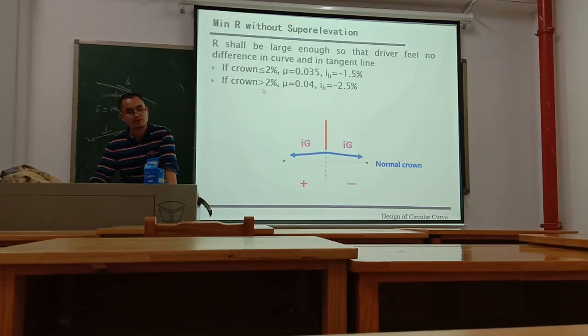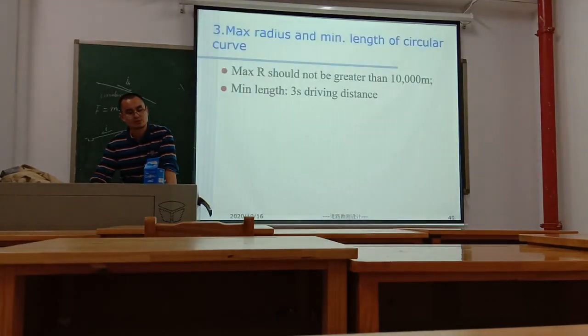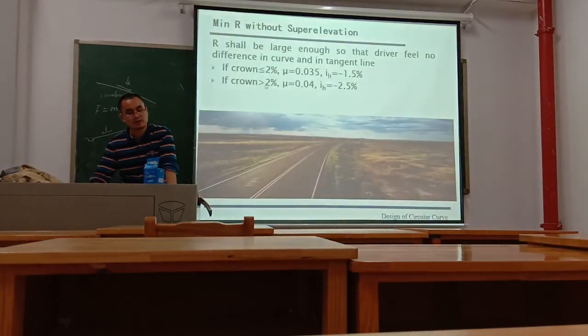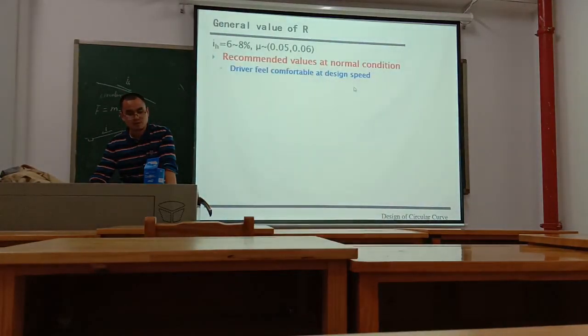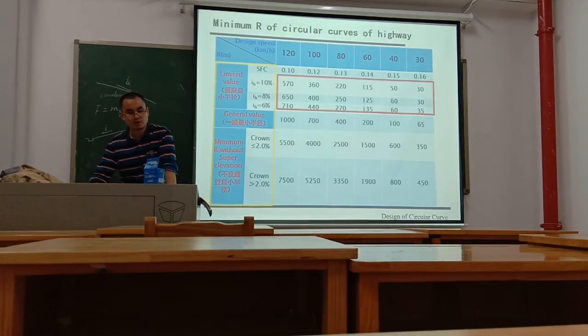If crown is greater than 2%, mu is 0.04, IH is equal to negative 2.5%. So we draw the conclusion.